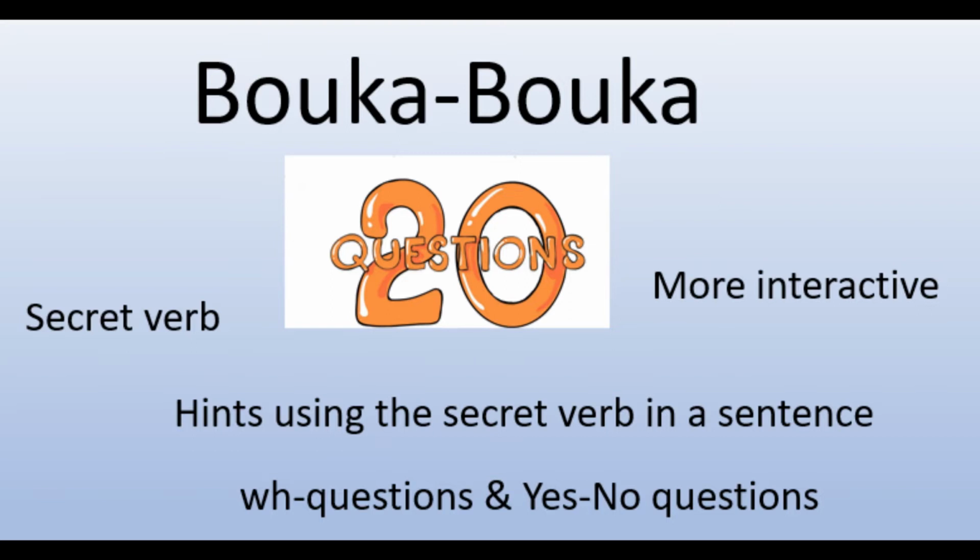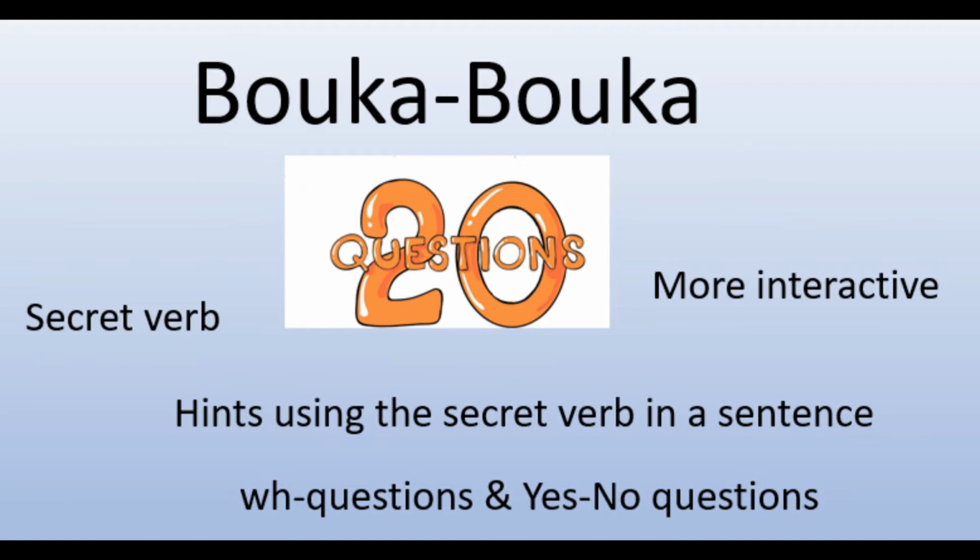So instead of just trying to guess the verb without any hints like we do with traditional 20 questions, we're given hints. Exactly. And the activity is more interactive because the partners can ask WH questions like who, what, where, when, and yes, no questions. Cool. Can we do an example?